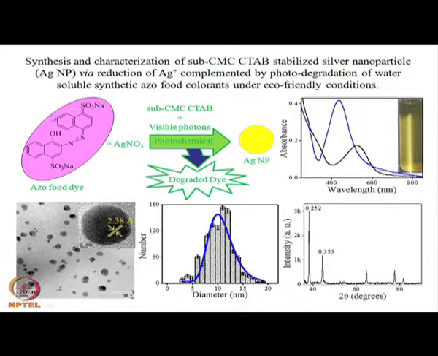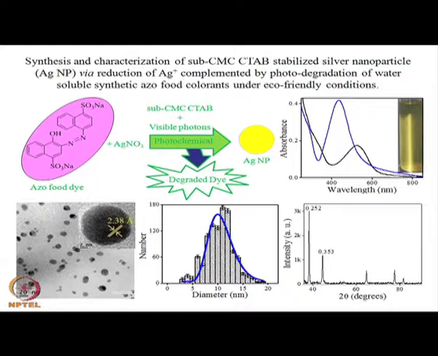These dyes we generally take with colored food. Therefore it is toxic, it is not good for health, but still it is less toxic than other toxic chemicals which are used as reductant of silver nitrate.